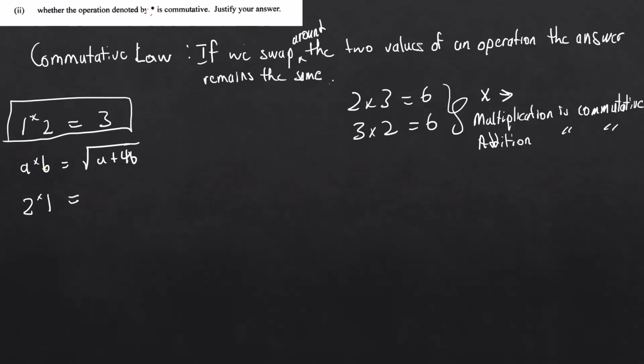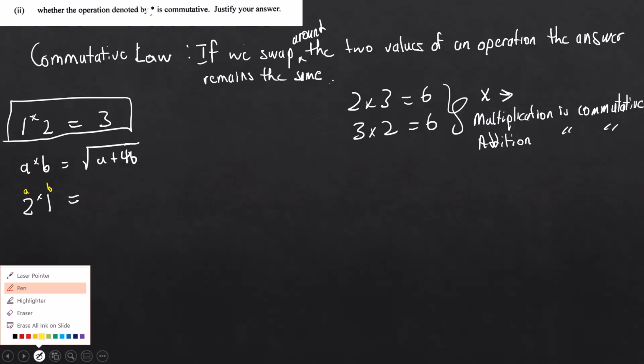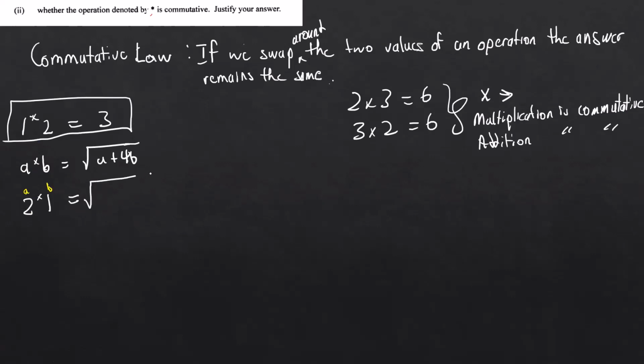You're swapping values, not the variables. So a is always the first number and b is the second, because that's how it is in your formula. So 2 is a, so 2 plus 4, and b is 1, so 4 times 1. So 2 plus 4, and we end up with the square root of 6.